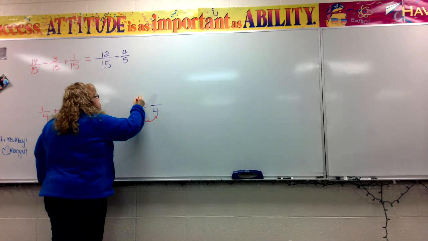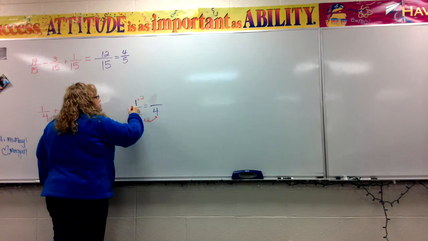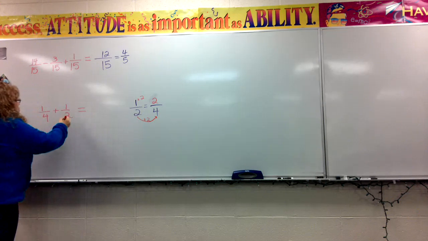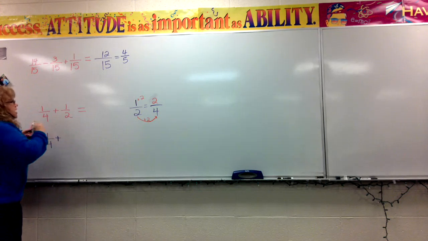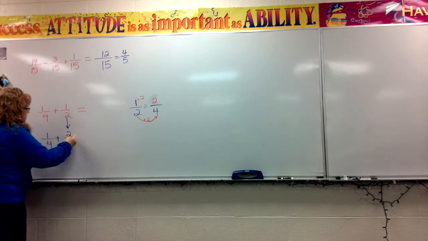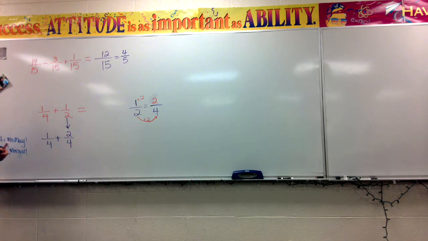Times 2. So on top, that's what you have to multiply. 1 times 2 is 2. So instead of 1/2, the equivalent fraction is 2 over 4. Now you have a common denominator.